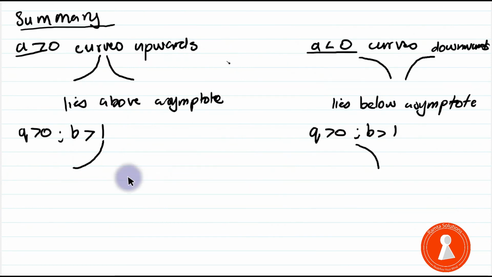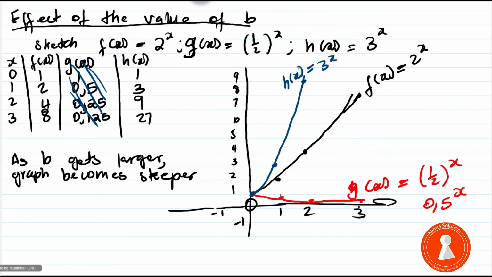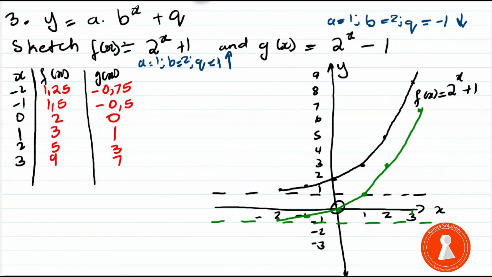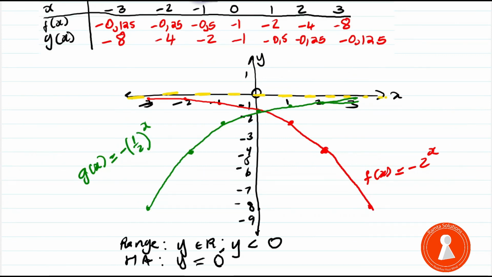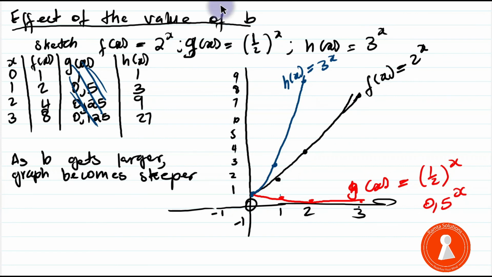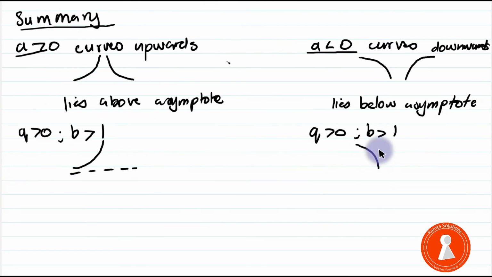So I need to add something here. Right, this is what I need to add. So check this out. When A was negative, do you see what is happening with the graph? It is below the x-axis, so the Q doesn't have much of an effect. Can you see that? Now check this out again.